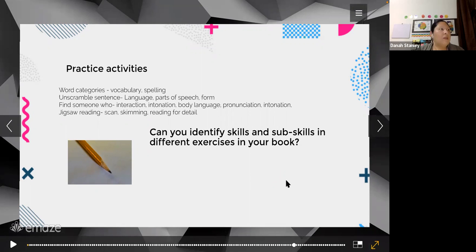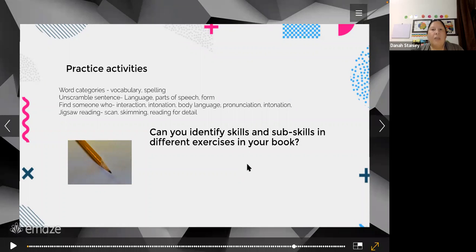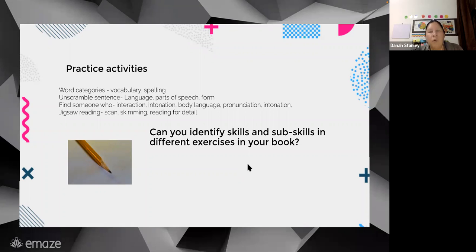So this is my invitation. Analyze, identify the skills and sub-skills included in the different exercises and activities you have in your book.